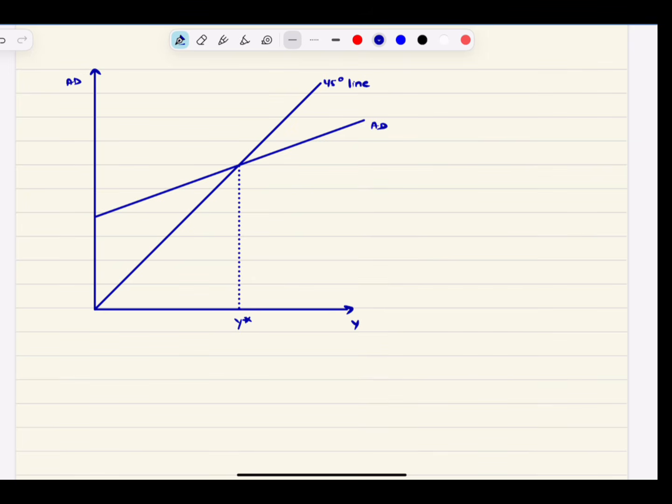On this shaded region, we have a situation where aggregate demand is less than output. And along this part, the aggregate demand curve lies above the 45-degree line. Therefore, on these points, we have aggregate demand exceeding output.